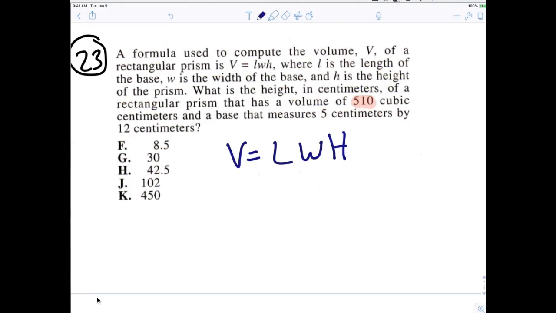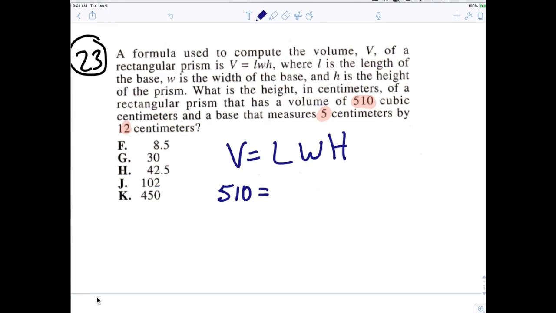That is correct. Very good. And then what is the 5 and the 12? Yep.